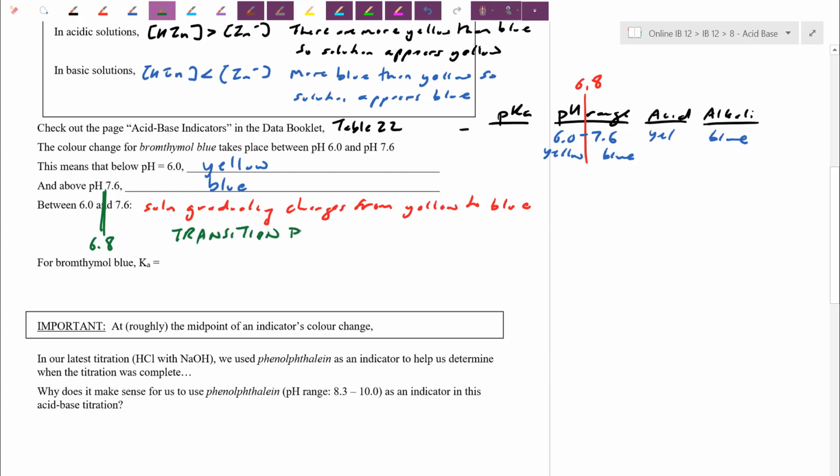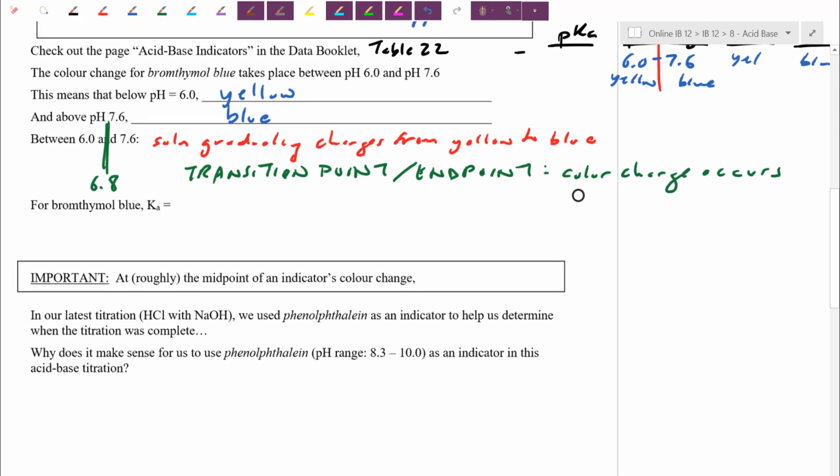Transition point is a term that's reserved for the indicator, also referred to as the endpoint. In this situation, that's when the color change occurs. That's the pH when the color change happens. And what we know here, at that point, I can't have an excessive acid form, I can't have an excessive base form.